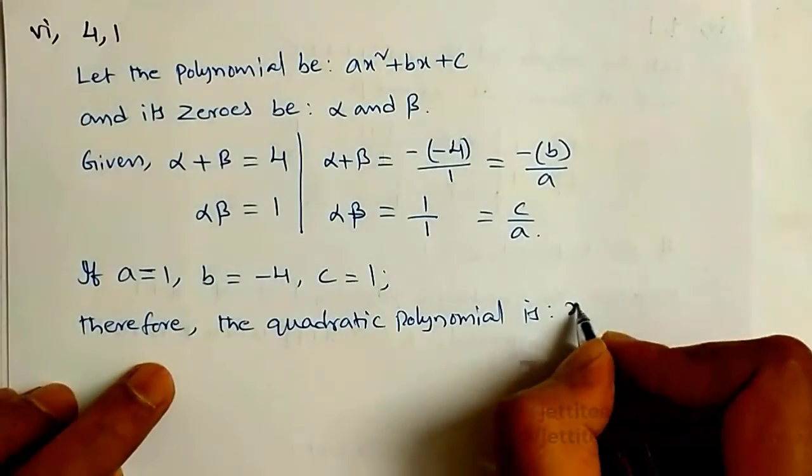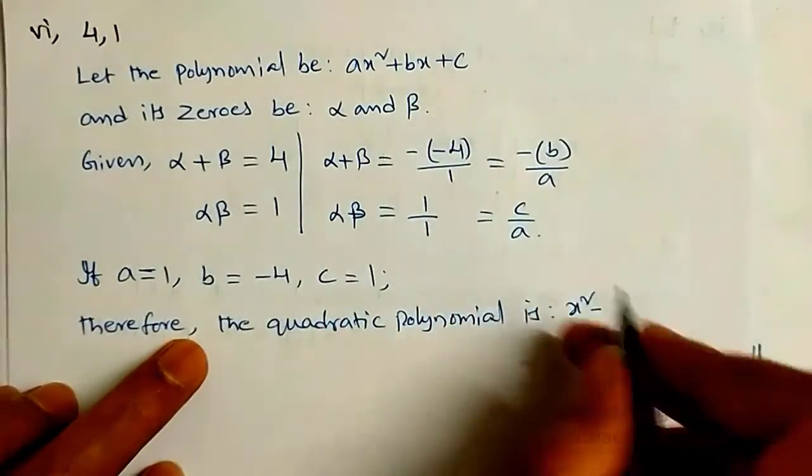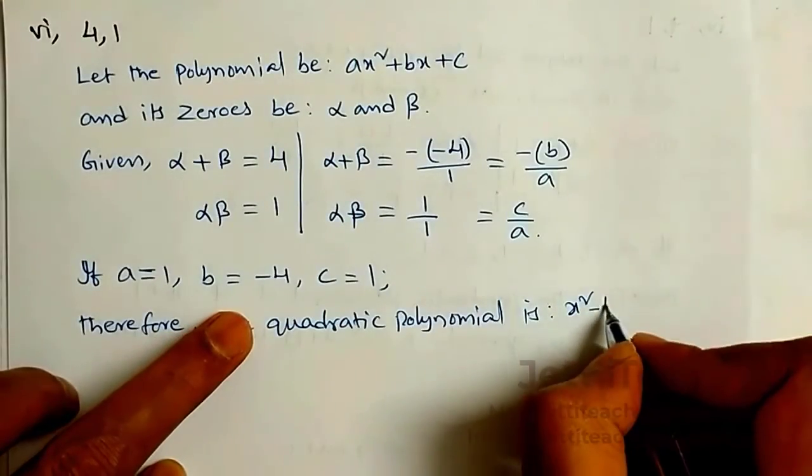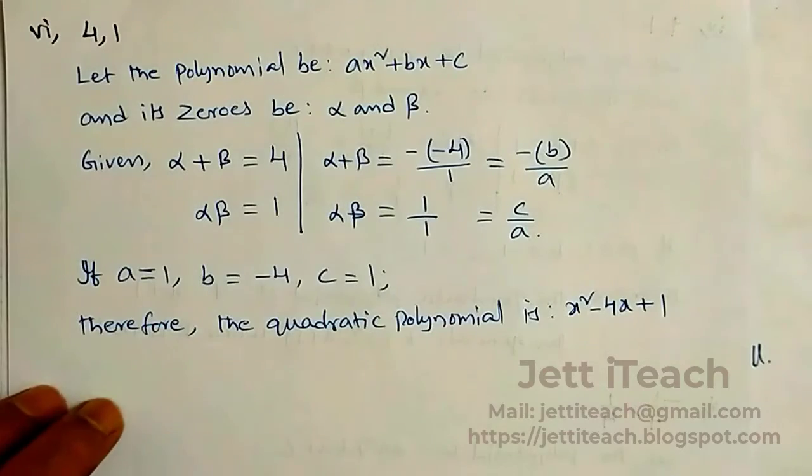A is 1, so x square, b is minus 4, so minus 4x, plus 1, c is the constant 1.